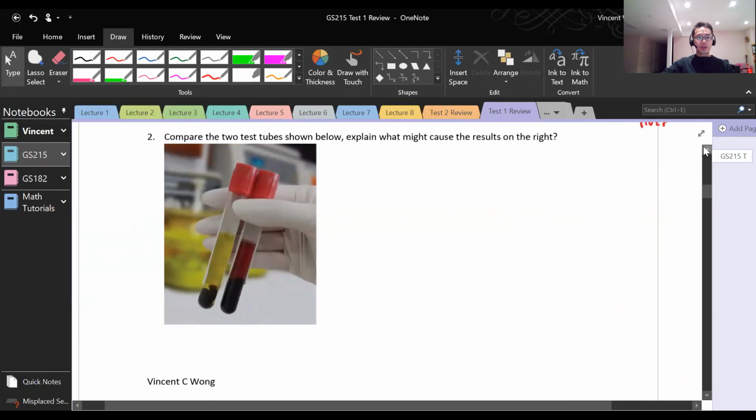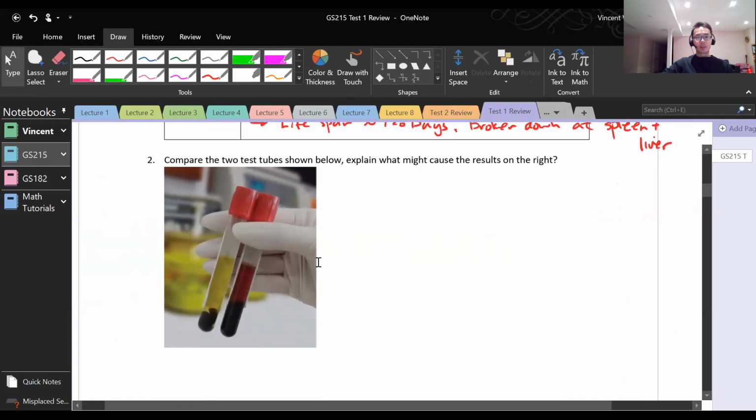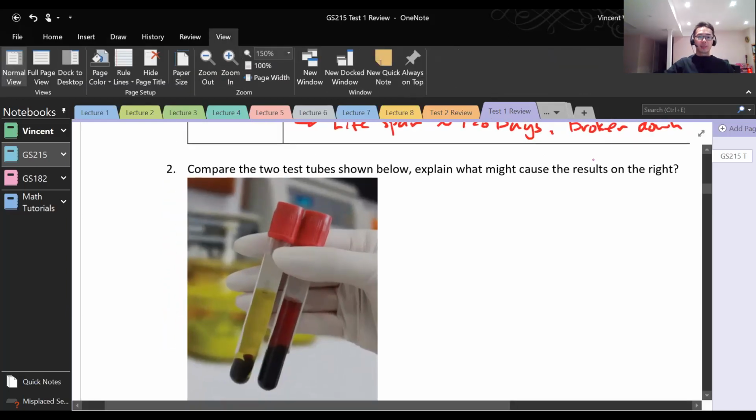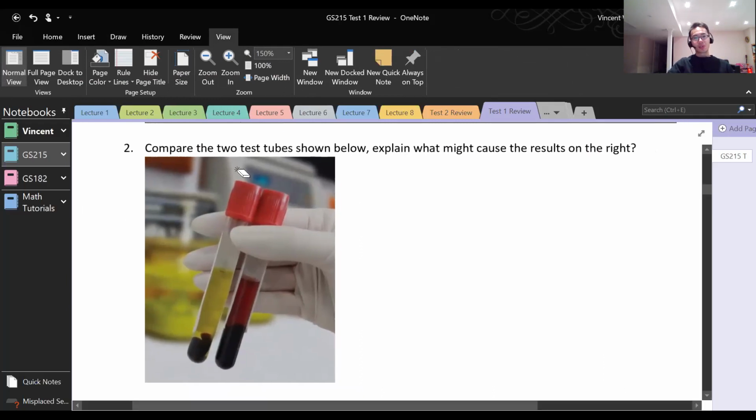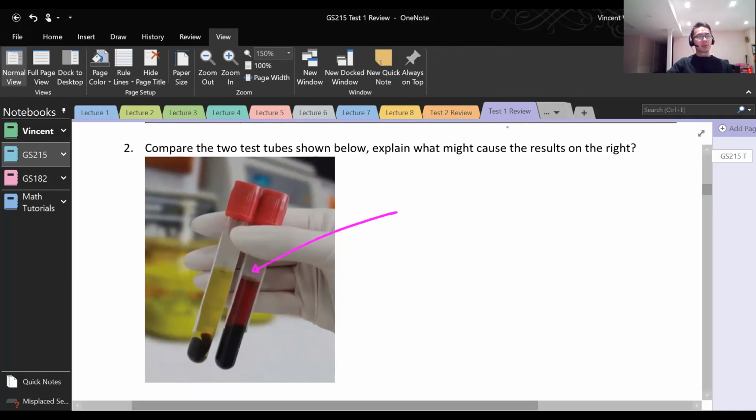Compare the two test tubes shown below. Explain what might cause the result on the right. So one of them is normal, and something is wrong with this one. What is wrong with it? Anybody want to tell me what is wrong with the picture on the right? If I show you this on the test and I ask you, what is the problem with this blood sample?